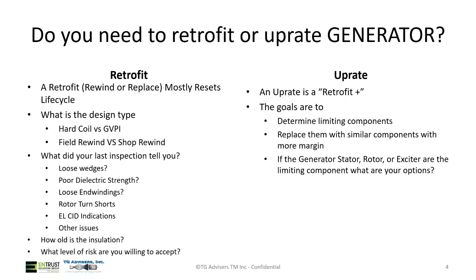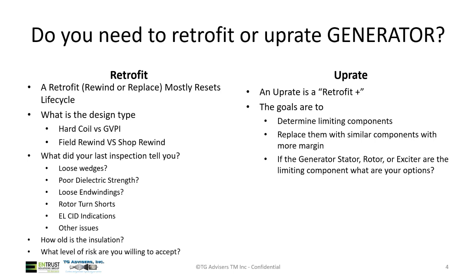Yeah, so the generator uprate or retrofit is basically to reset the life cycle. So typically, what you're talking about is replacing the stator coils or bars with new, potentially doing a rewind of the rotor, and potentially the exciter as well.